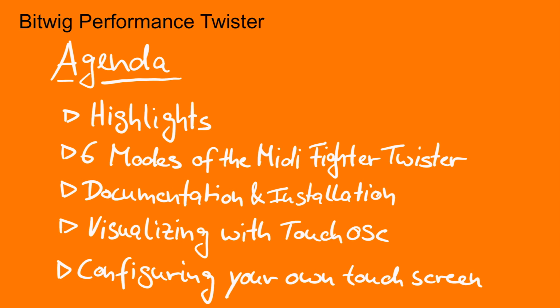There is an optional extension of the script that allows you to visualize what's happening and build your own Hans Zimmer-like touch screen. So I show you how that works together with TouchOSC. And last but not least, I'll also show you how to configure your own touchscreen. So without further ado, let's get started.